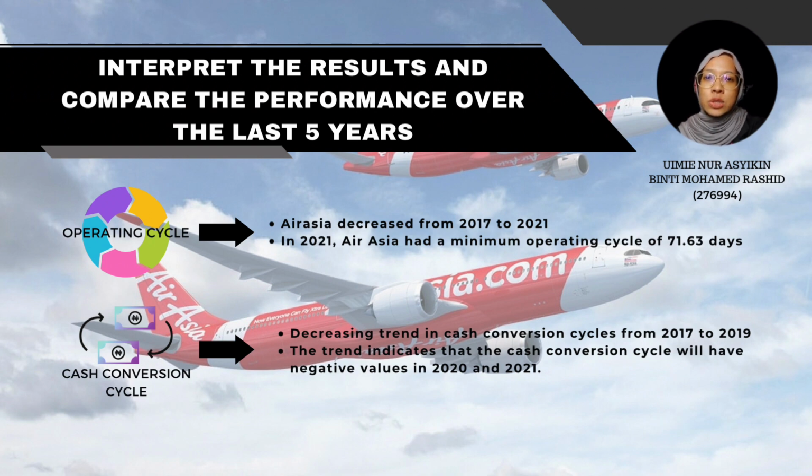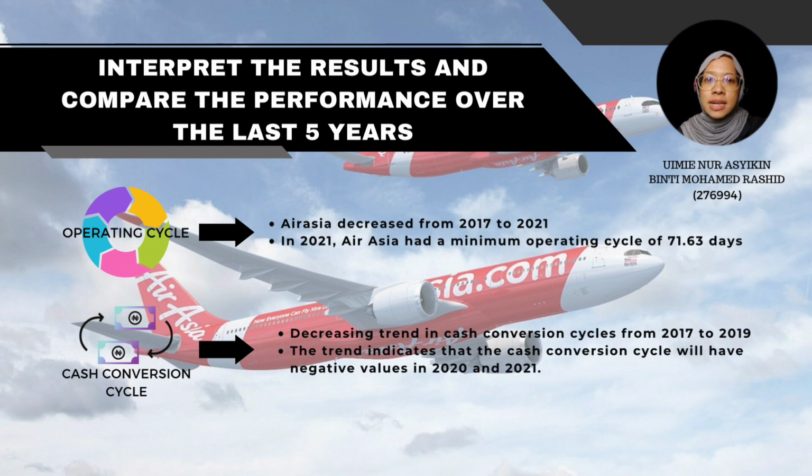Then, in 2020 and 2021, it had a negative trend of negative 42.08 days and negative 211.84 days, respectively. In 2019, Asia had the shortest cash conversion cycle with only 19 days, which was a remarkable achievement.